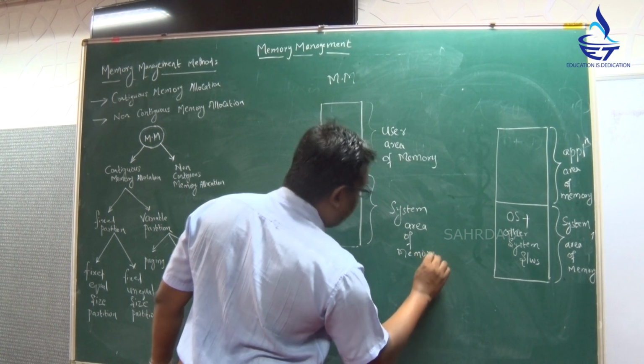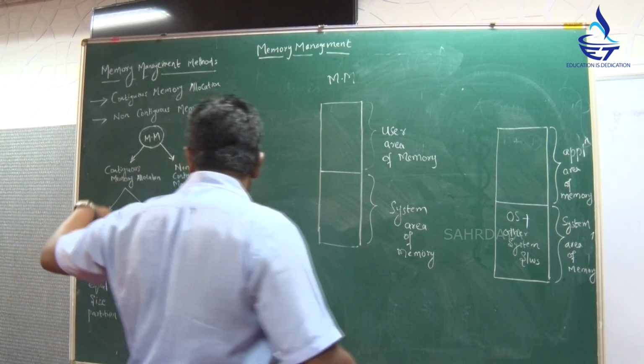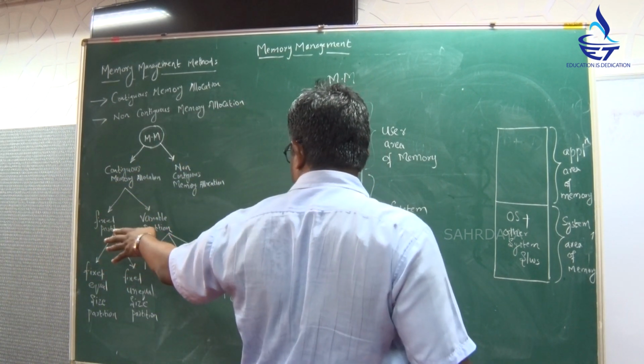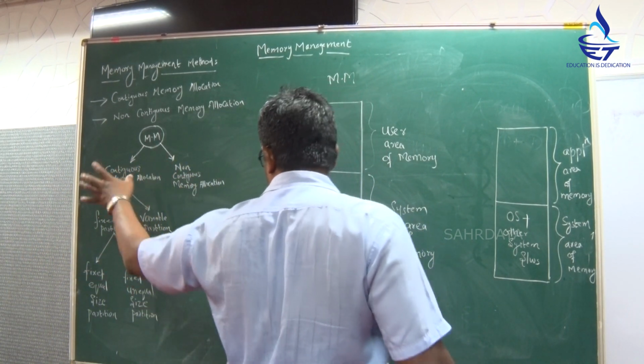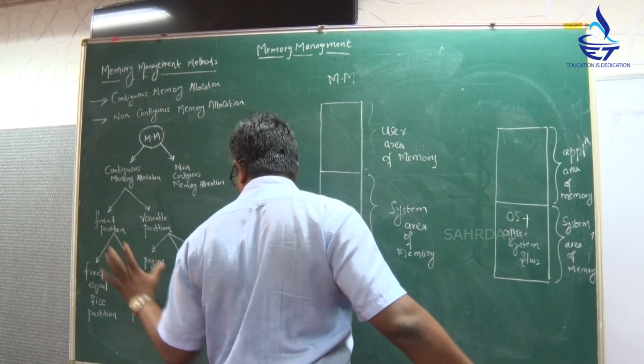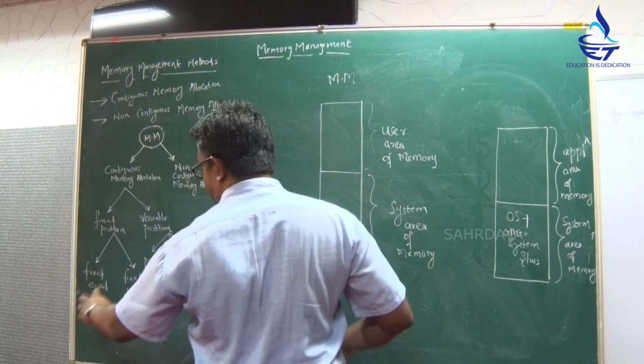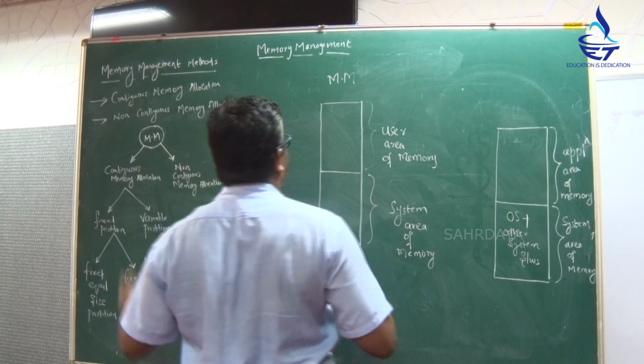We are going to apply contiguous memory allocation. In contiguous memory allocation itself, there are two methods, fixed and variable partition. We'll be discussing fixed partition. In fixed partition itself, there are two types, fixed equal size and fixed unequal size. So now we'll be discussing the topic fixed equal size partition.